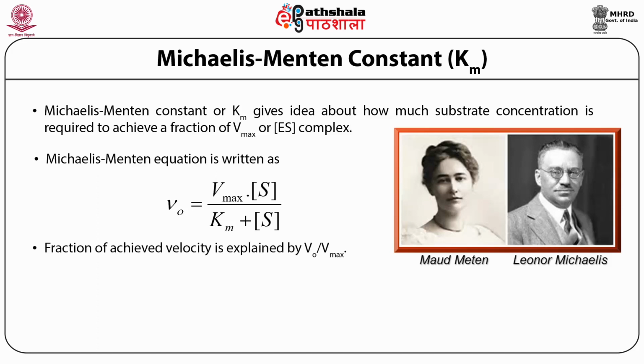The fraction of velocity achieved is explained by V0, the initial velocity, divided by Vmax, the maximum velocity.